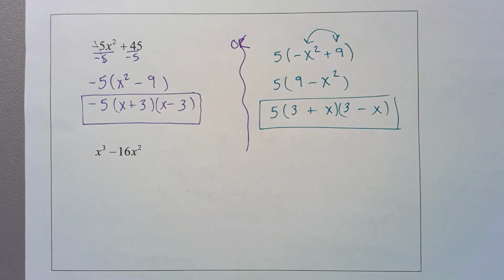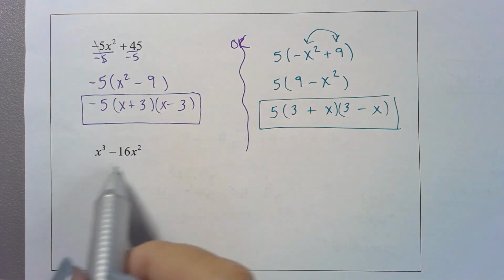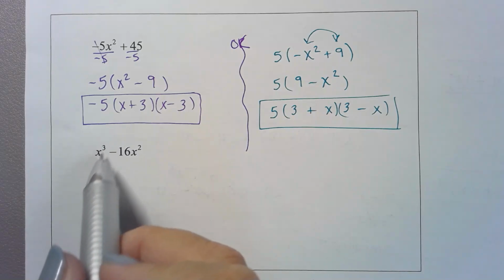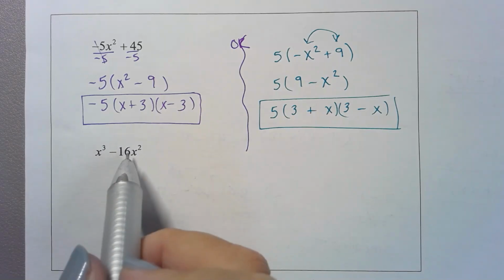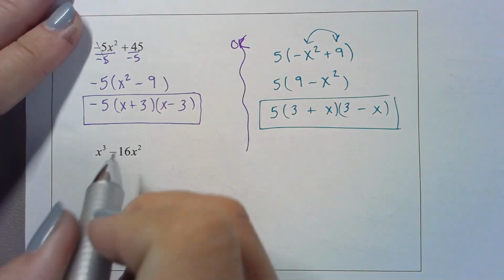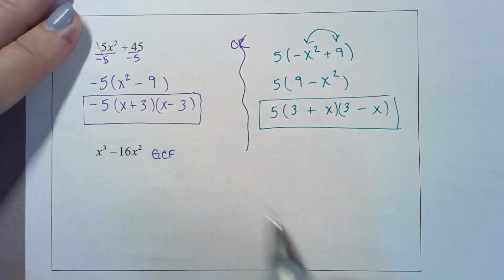All right, let's take a look at the last one. So I have two terms with subtraction between them. However, that's not a perfect square. This is not. But do not forget to pull out a GCF first.